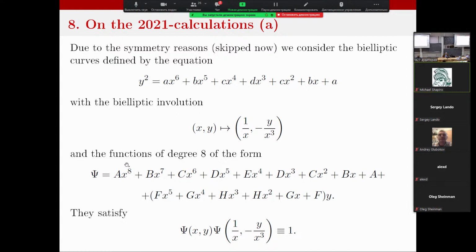And technically it means that the function psi, that is going to turn out to be phi on the appropriate subset of parameters, is also made out of two recurrent polynomials here, a, b, c, d, e, d, c, b, a, and here f, g, h, and a, g, f.